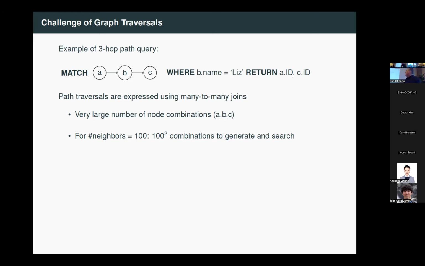In particular, if we have about 100 neighbors on average per node, then we get something like 100 to the power of 2 combinations to generate for this path, because you have one hop and another hop. So you take 100 and then another 100, and you combine them in the worst case. And then you have to search, of course, for the Bs that are Liz.